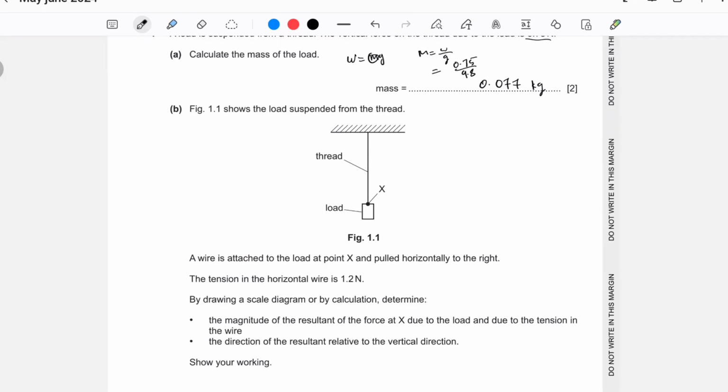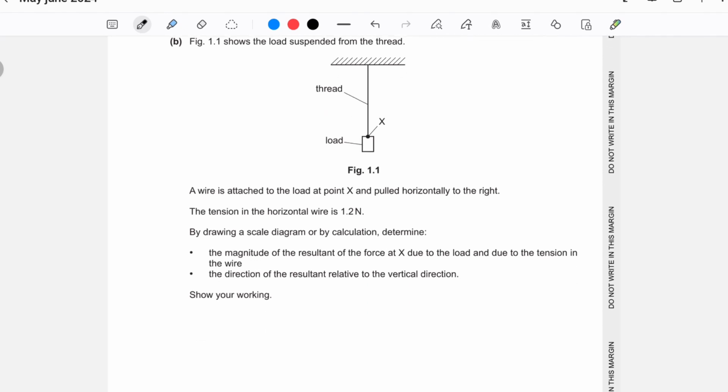Figure 1.1 shows the load suspended from the thread. The wire is attached to the load at point X and pulled horizontally to the right. So there's a wire attached, and it's pulled horizontally to the right.